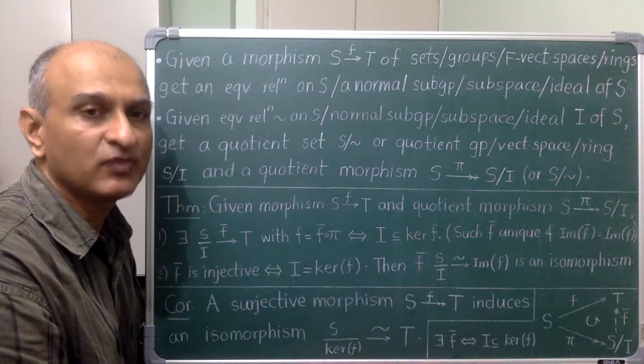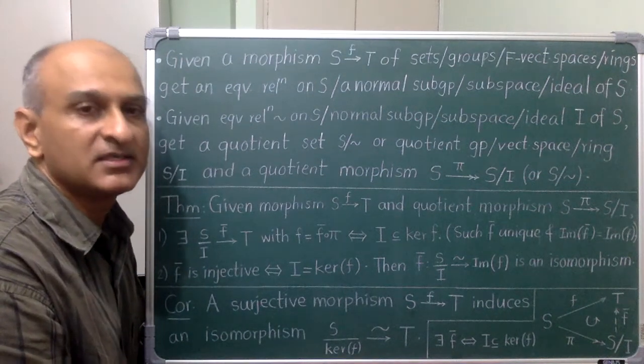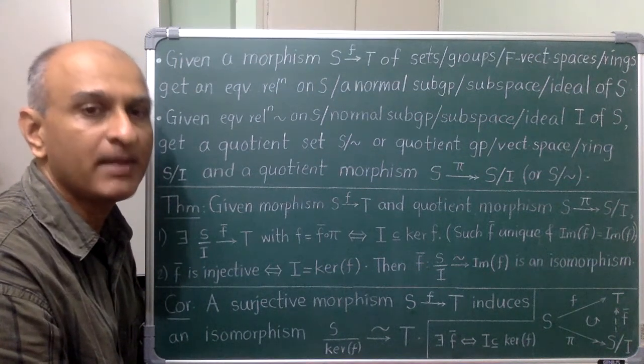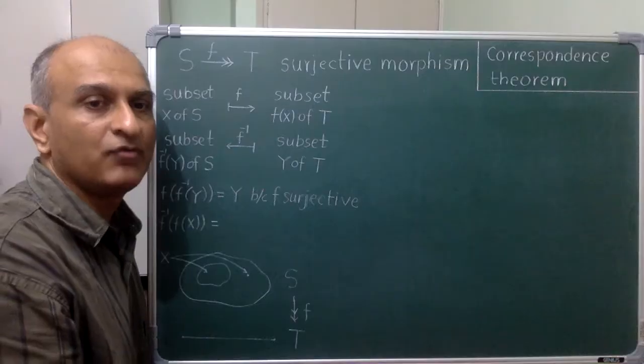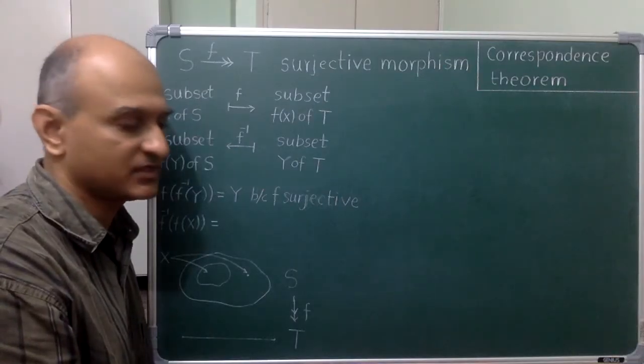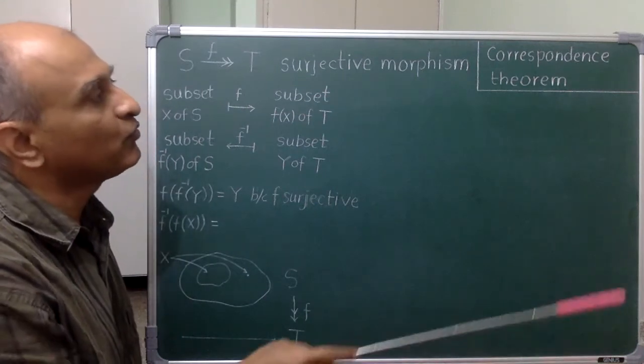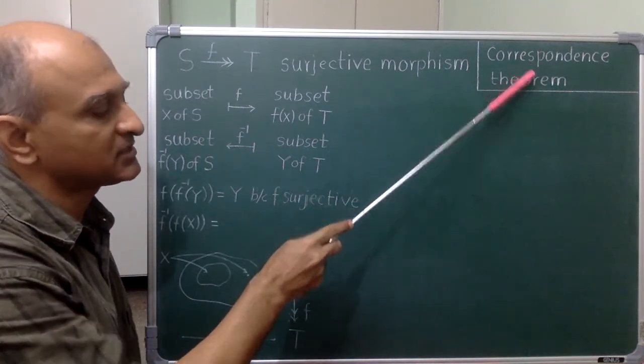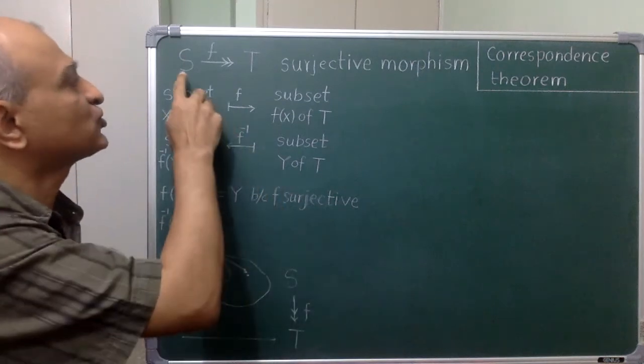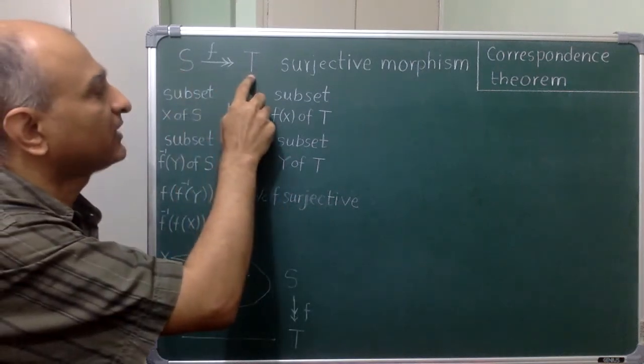So please try to work out the set theory part, starting with a surjective map of sets. We start with a surjective morphism, for now just between sets. We want to prove a bijective correspondence between subsets of the source and subsets of the target.